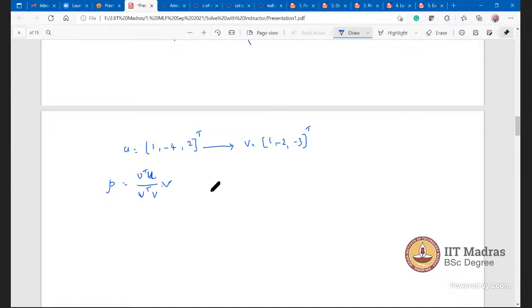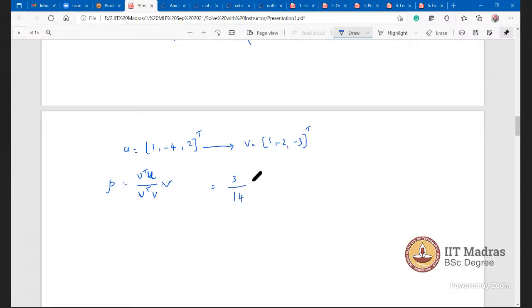You will get 3 here. That is 1 into 1, plus (-2) into (-4), that is 8, so 1 plus 8 minus 6, that is equal to 9 minus 3, that is 3. And divided by this v transpose v, which is a dot product of this vector with itself, which is 1 plus 4 plus 9, so that is equal to 14.